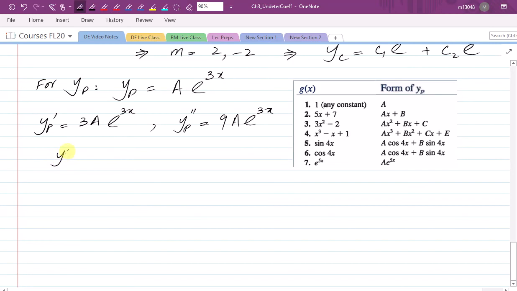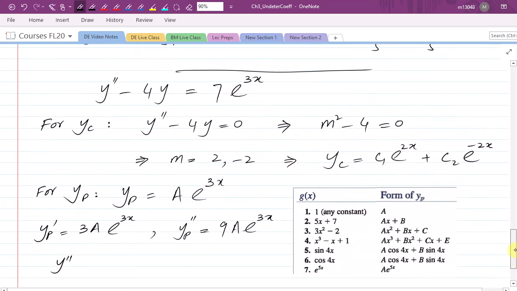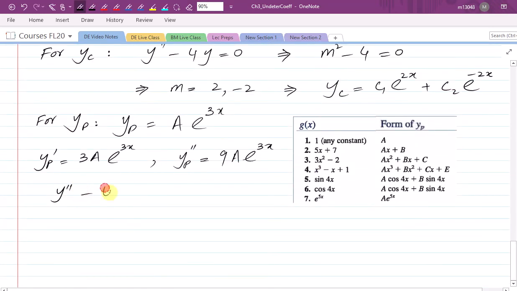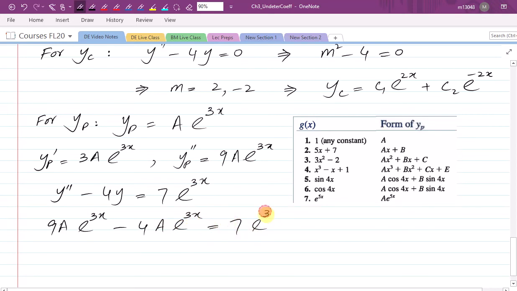You can write the equation with yp here if you would like, but not very necessary. So we substitute: 9a e power 3x minus 4a e power 3x equals 7 e power 3x. This is y double prime, this is y.